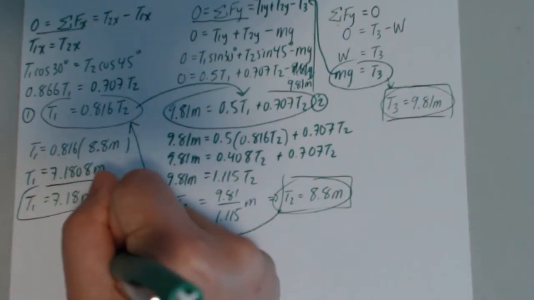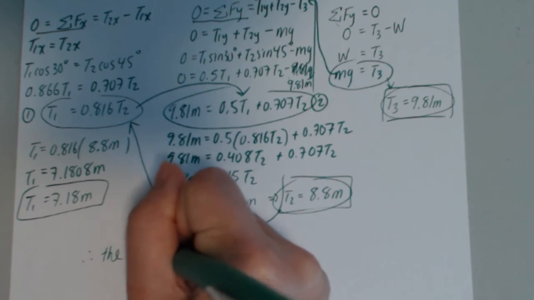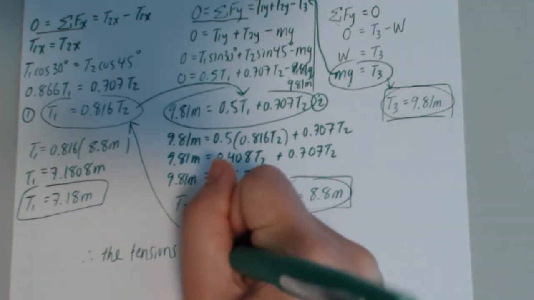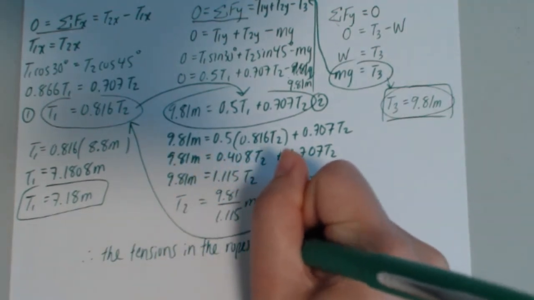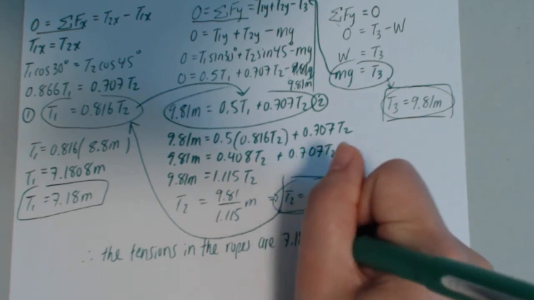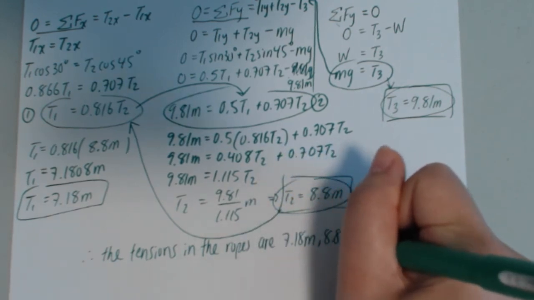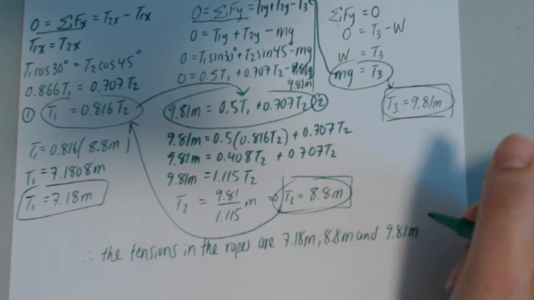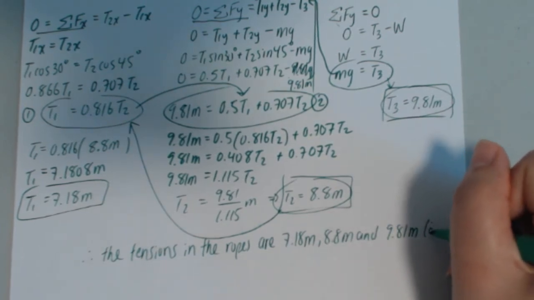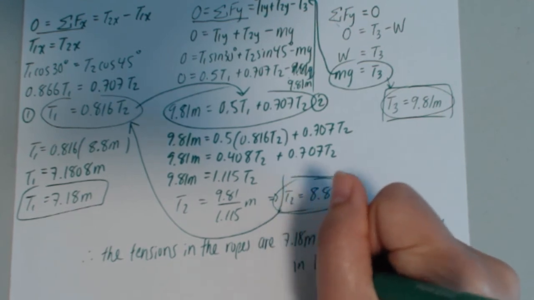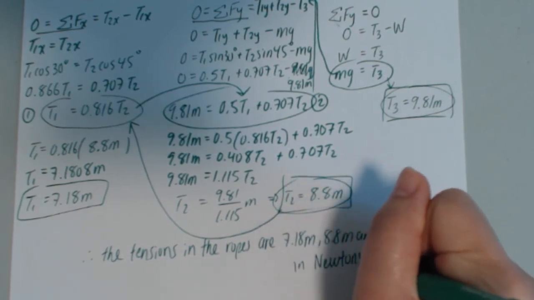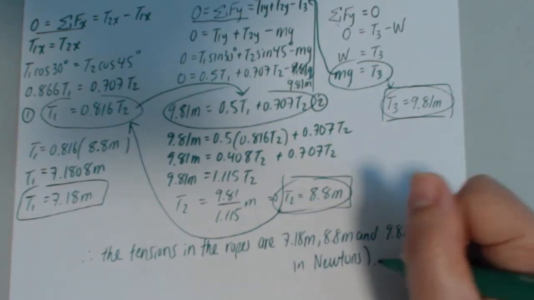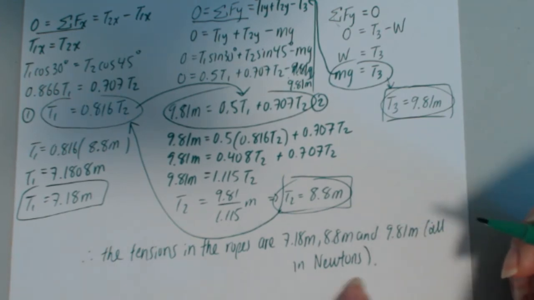So therefore, the tensions in the ropes are 7.18 N, 8.8 N, and 9.81 N. And then in brackets, you can say all in newtons, because it's going to look a little bit confusing and weird if we put mN.